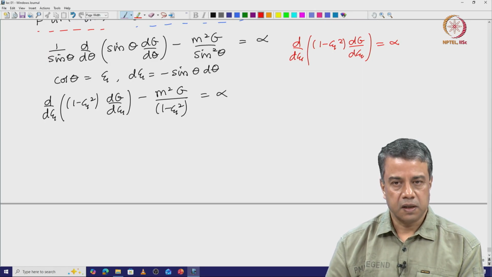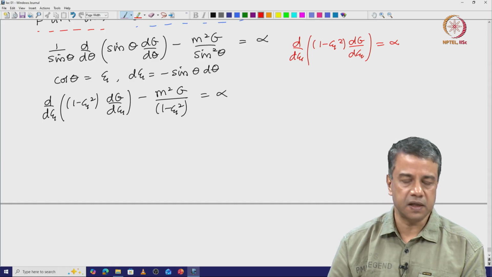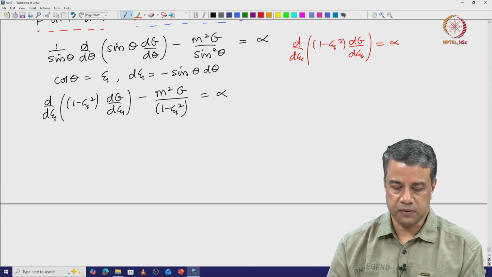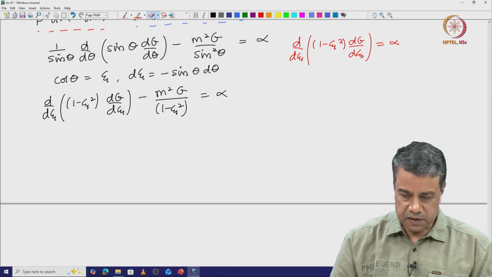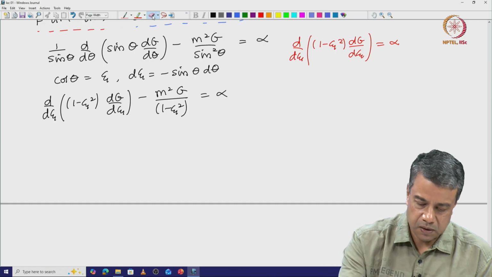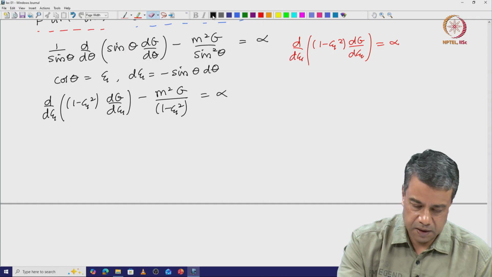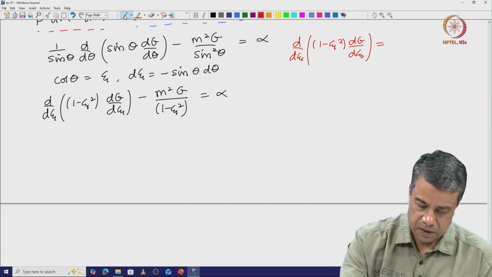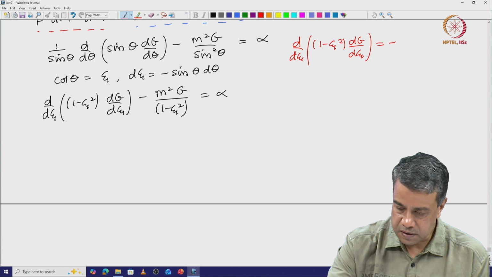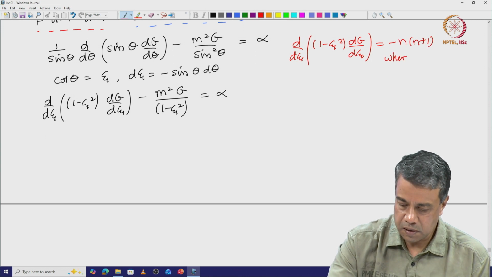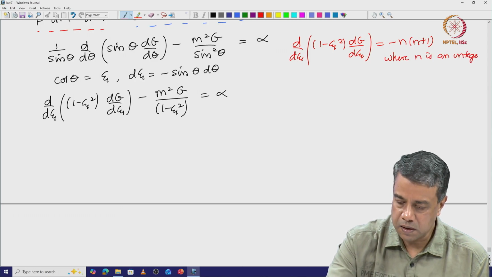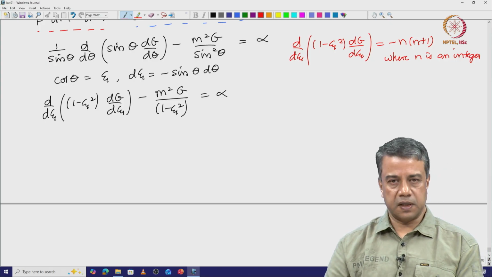And we had found that the solution for g is finite at theta is equal to 0 and theta is equal to pi only if this alpha is equal to minus n into n plus 1, where n is an integer.